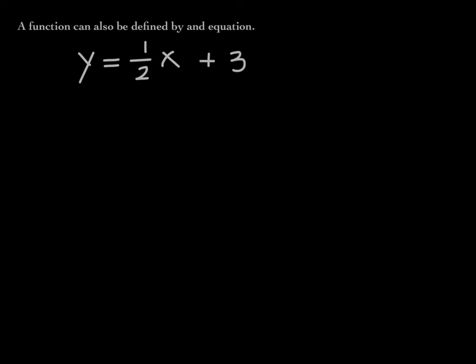So I invite you to choose an x value at random and let's plug it in. You can plug in whatever you want, but you may want to plug in multiples of 2. That way you end up with a whole number here and not a fraction.